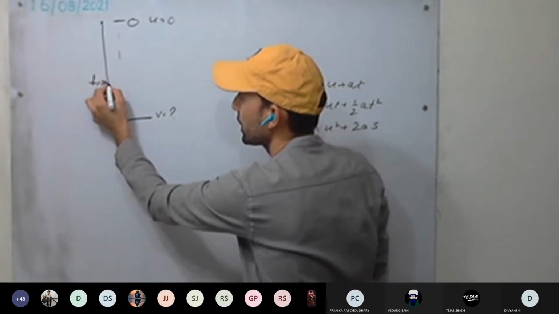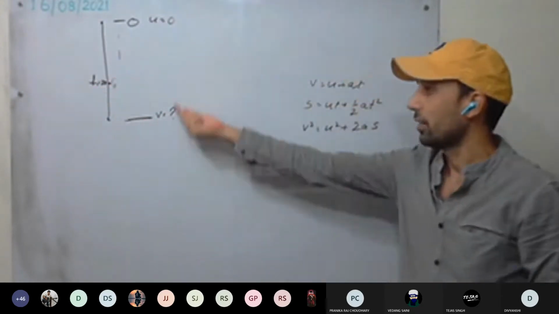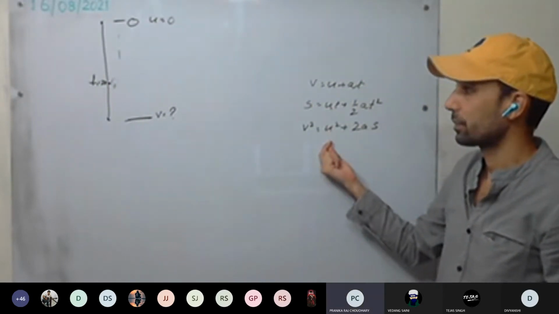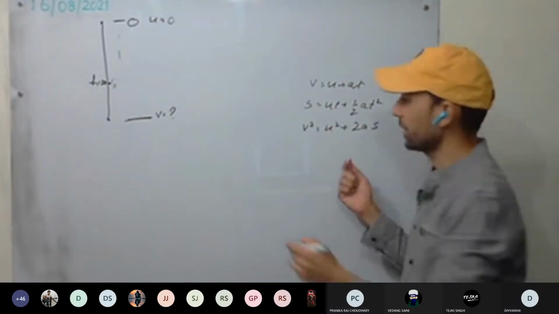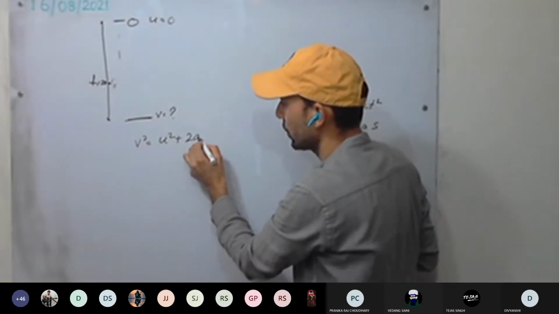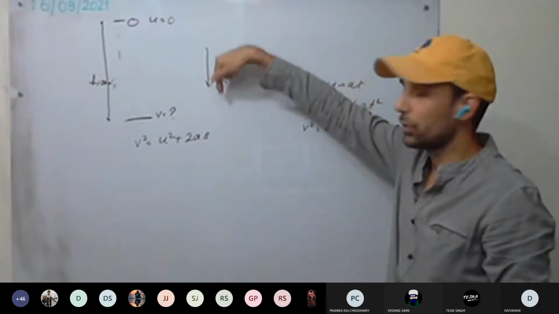H is 20 meters only. We have to calculate. So which equation are we going to use? The third equation. V square equals U square plus 2as. This time it is g, acceleration due to gravity.